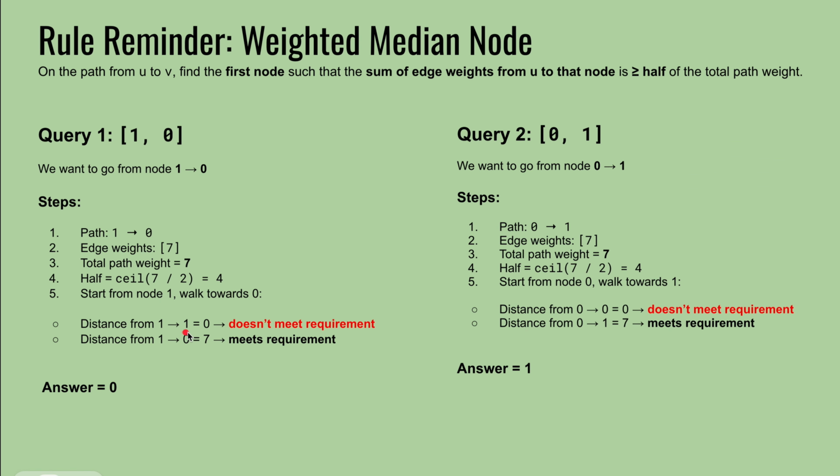The distance from 1 is 0, which doesn't meet the requirement, so we discard it. The distance from 1 to 0 is 7, which meets our requirement, so the answer is 0.